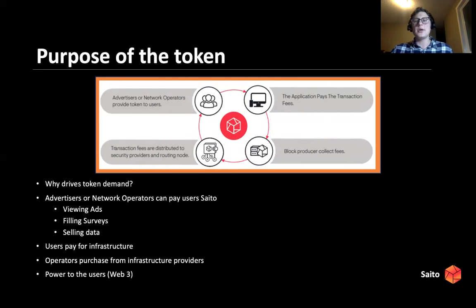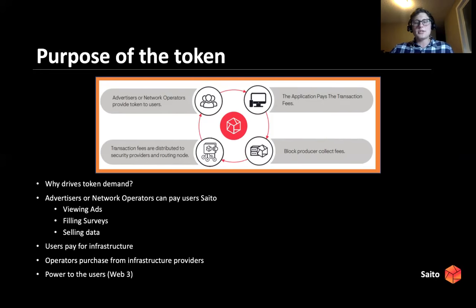Now, in terms of the token itself, why would you actually want to own it? What actually drives the buying and the selling of these tokens in the first place? So Saito has an interesting use case for this, and it's very much geared towards Web3, where users own their data, and the power is ultimately given to the user as opposed to centralized parties or companies like Facebook.